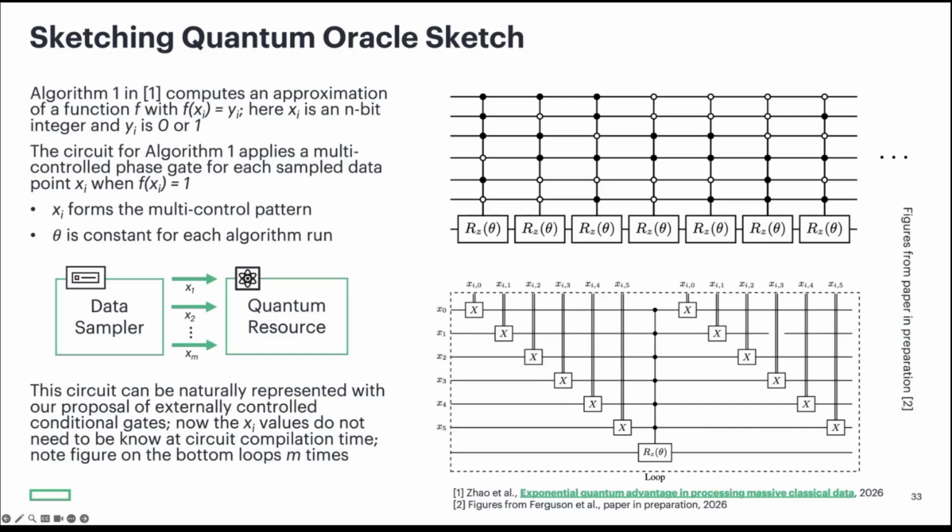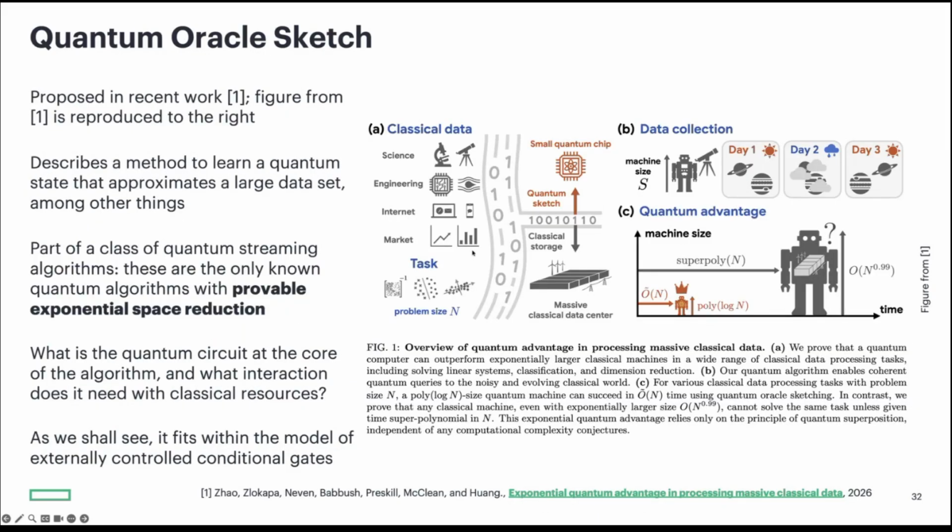Broadly speaking, I don't know the answer to that. I'd refer you to this paper. I would bet that the answer is it depends on what you're doing. But in this paper, they're suggesting that they can work with any large data set.